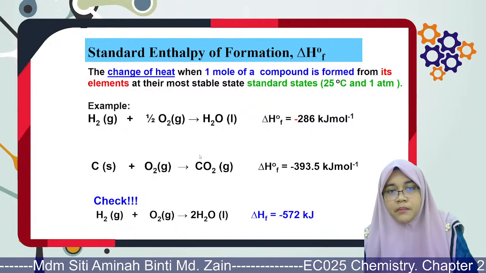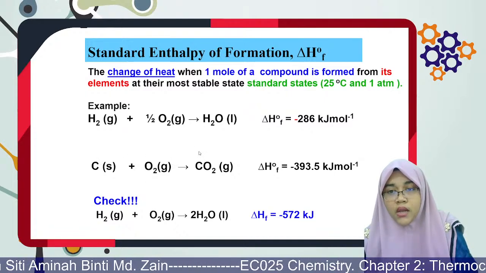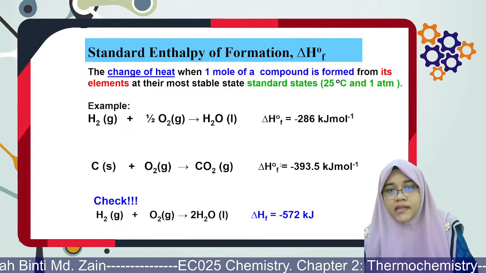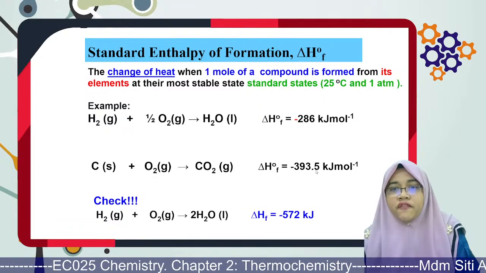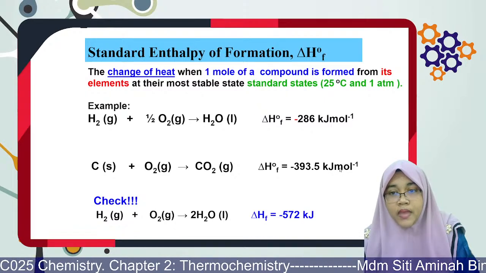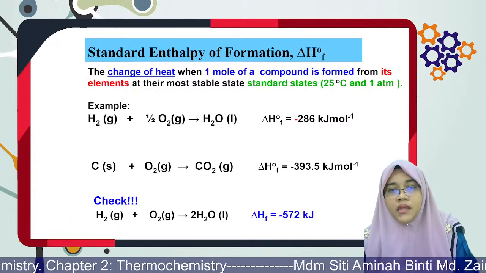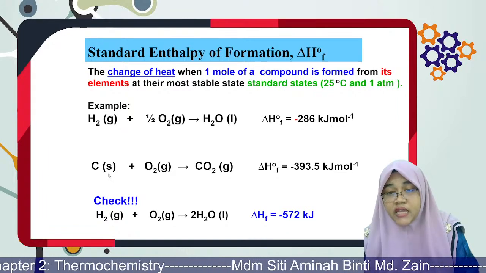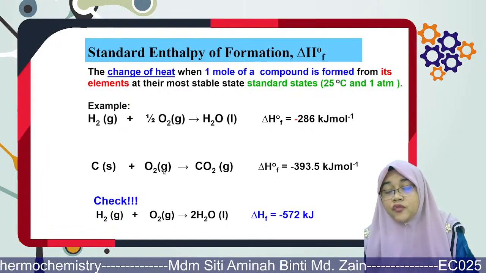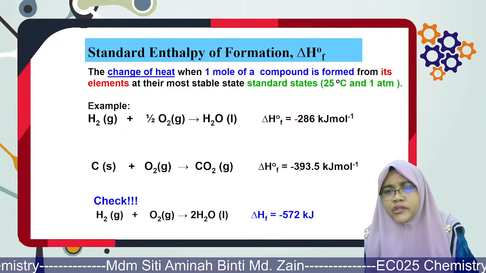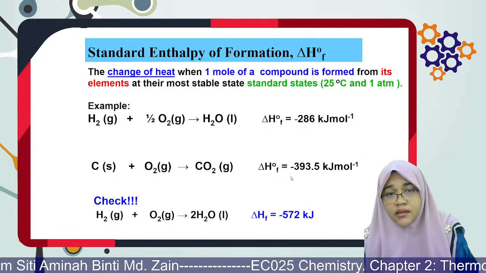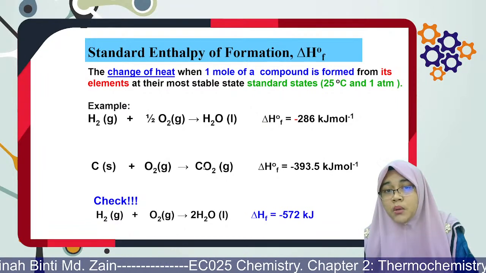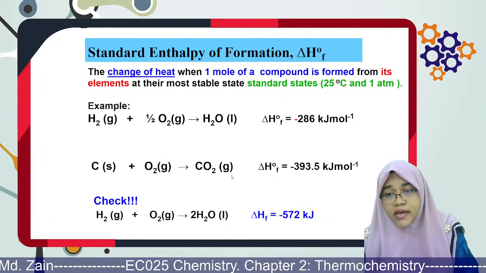At the same time, make sure the carbon dioxide is 1 mole, and the enthalpy here is negative 393.5 kilojoule per mole, meaning that the reactants carbon and oxygen have to release about 393.5 kilojoule of heat in order to form 1 mole of carbon dioxide.